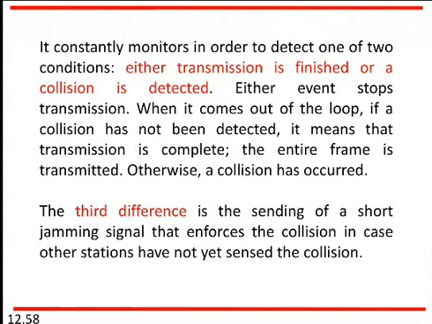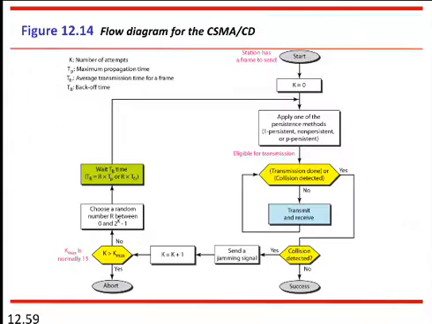Next, the third difference compared to the pure ALOHA is that it sends a short jamming signal, which will inform the other stations that a collision has occurred and they should refrain from sending data. Or if the collision has not been sensed, then because of this jamming signal, the collision can be sensed.